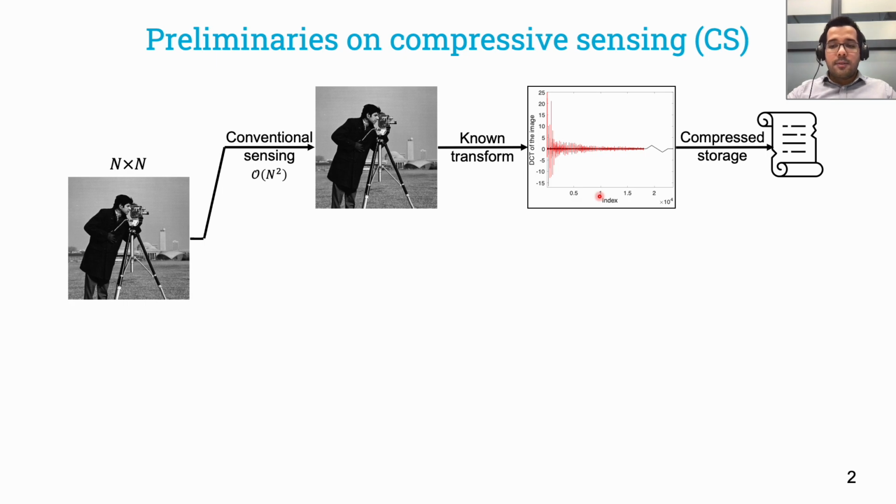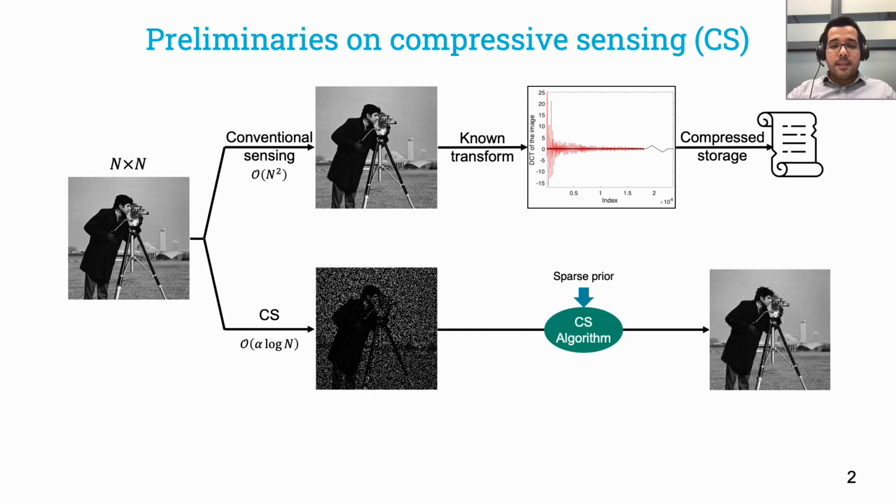Then these methods only store the values of the entries that are above a certain threshold. This is, for example, how JPEG works. As you can see, this is not an efficient compression method as it obtains all the samples and later discards usually most of the information in the transformed domain.